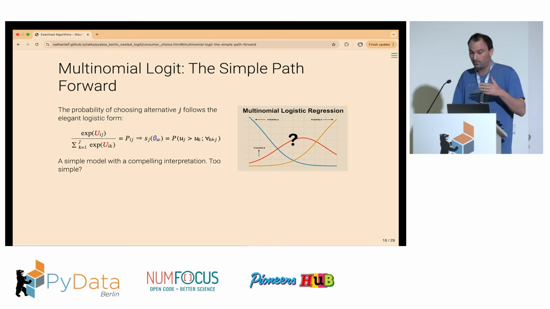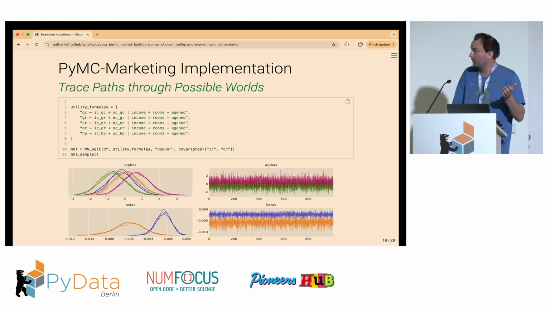And then you use those probabilities to infer the market share of each of those goods. It's simple, perhaps a little bit too simple, but you fit it in PyMC Marketing like this. You specify the formula interface for the utility equation for each of those goods.